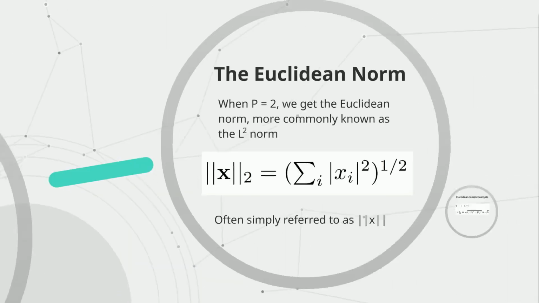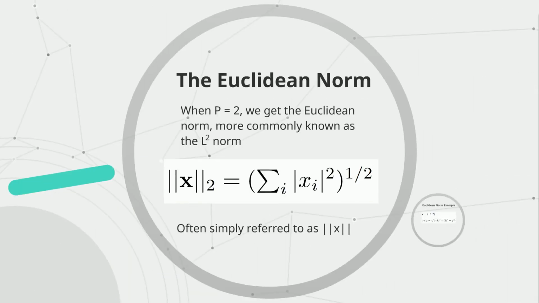So let's talk about the most common, and that is when p is equal to 2. We get the Euclidean norm, or what is more commonly known as simply the L2 norm. This is in general just the magnitude or distance in Euclidean space. When p equals 2, we sum up the squares of all the elements and take the square root.